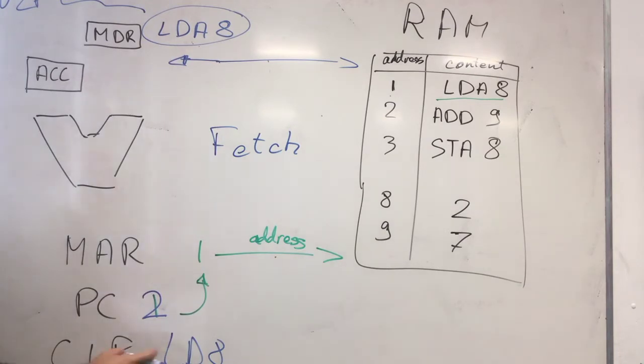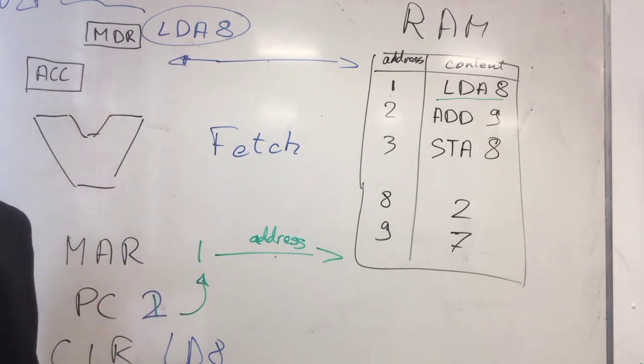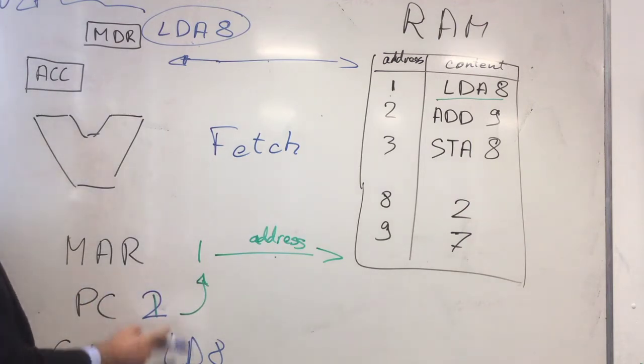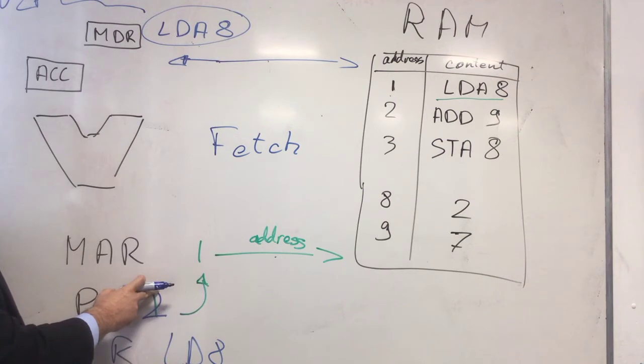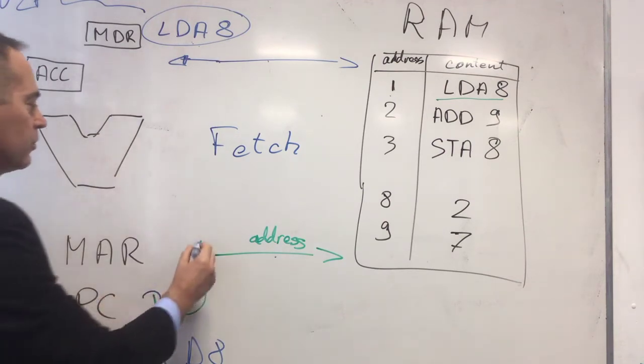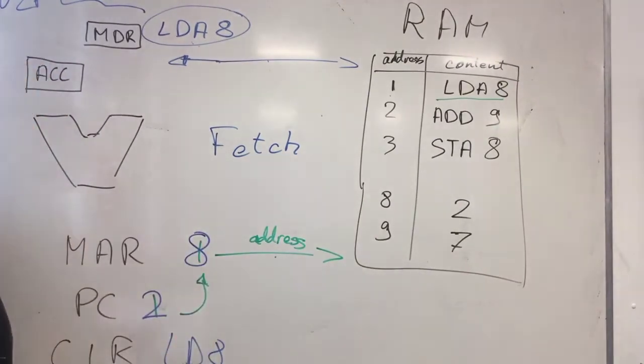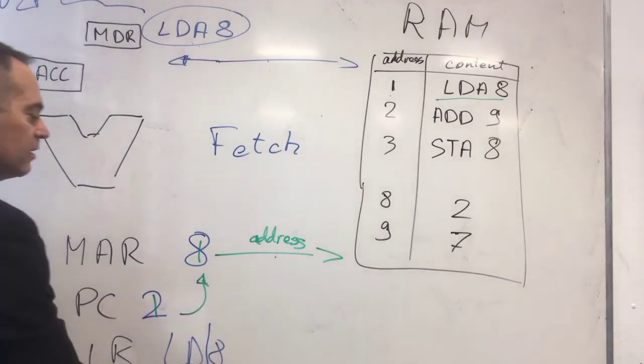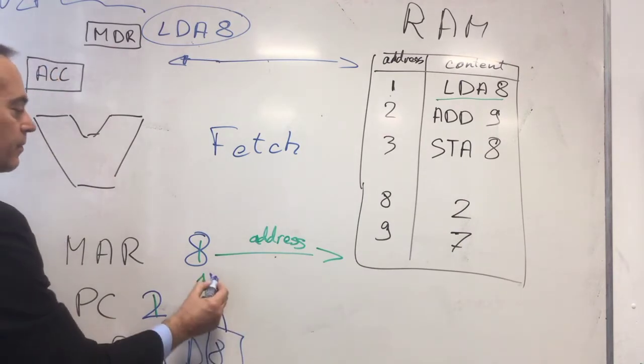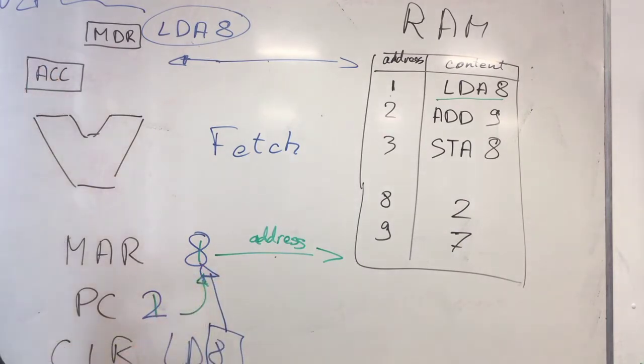And the memory address register, if we're in the execute part of the cycle, what address should this contain now? 8, absolutely. We are now executing this instruction, so it's going to contain this address. The memory does its job.